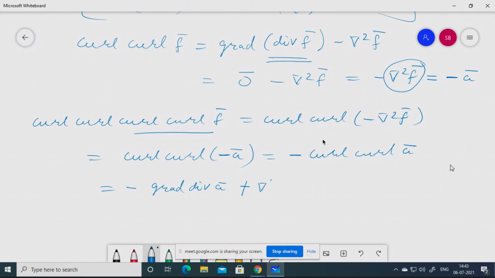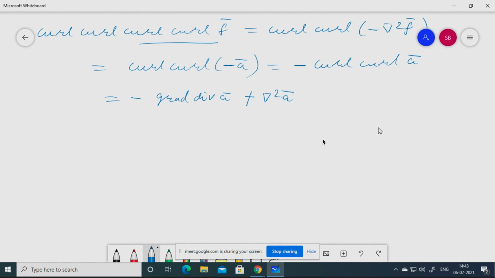So plus del square a bar I will get. Will I or not? Yes, ma'am. So this is nothing but minus gradient of divergence of, what is a bar value, tell me? It is del square f bar. Don't write the minus sign. A bar I have taken as del square f bar. Okay. Plus del square, as it is, of a bar, which is del square f bar.